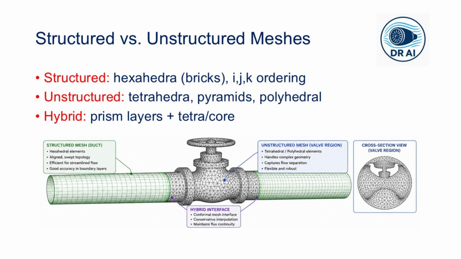Advantages are that it can fill any shape automatically and allows easy local refinement, and the only disadvantage is that it may consume higher memory, slower to compute, and more complex data structures. So most commercial CFD solvers use hybrid meshes, a prism layer near the walls to compute the boundary layers, and tetrahedra or hexahedra in the core region.